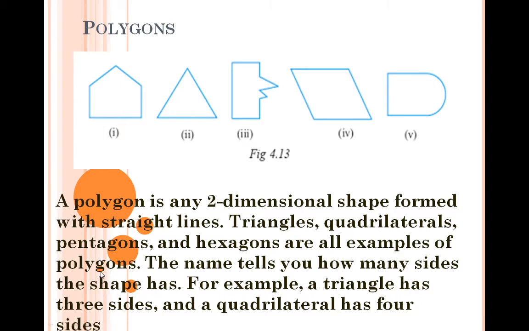That means a figure having many sides and many angles, which should be a two-dimensional shape, is known as a polygon. The name tells you how many sides the shape has. For example, a triangle has 3 sides and a quadrilateral has 4 sides. Like that, a pentagon has 5 sides, a hexagon has 6 sides, a septagon has 7 sides. The name tells us how many sides the shape has.